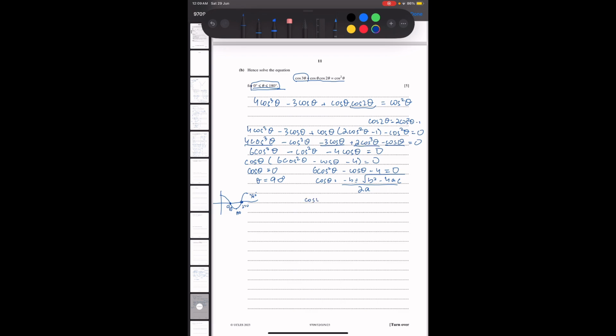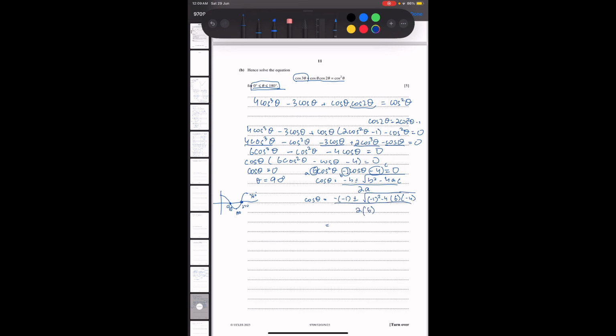So cos theta is equal to minus into minus 1 plus minus. Remember that this 6 is a, this minus 1 is b, and this minus 4 is c. Plus minus under root of minus 1 squared minus 4 into 6 into minus 4, divided by 2 into 6.